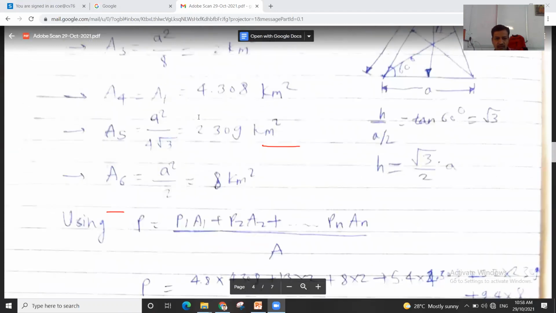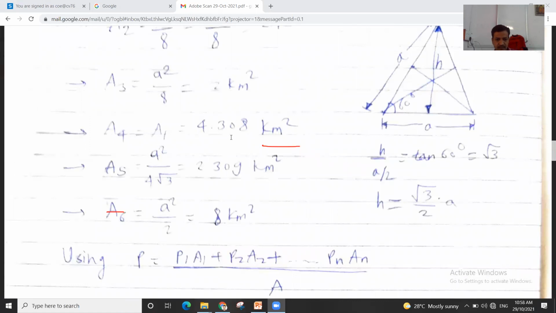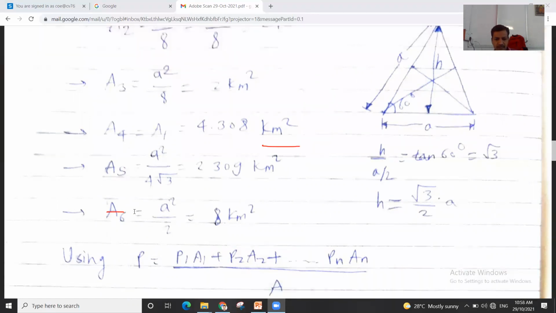Then A4 is equal to A1, that is similar to A1, 4.308 kilometer square. And A5 is equal to a square by 4 root of 3. A6 is equal to a square by 2.